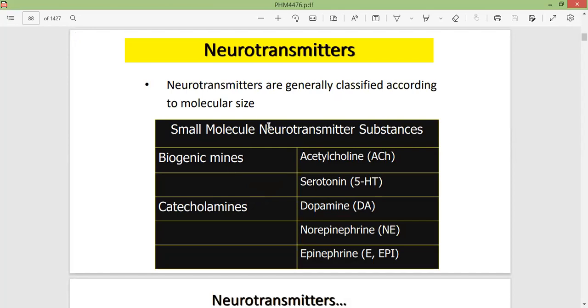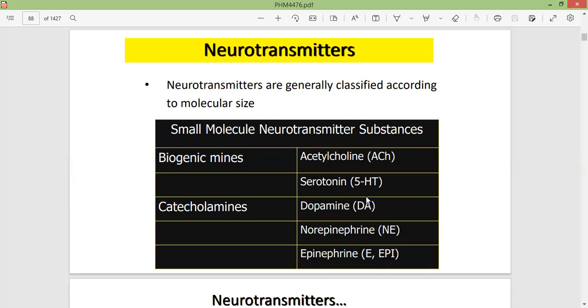Neurotransmitters can be classified based on their chemistry. We have the biogenic amines, that is serotonin and acetylcholine, and then the catecholamines: dopamine, norepinephrine, and epinephrine.